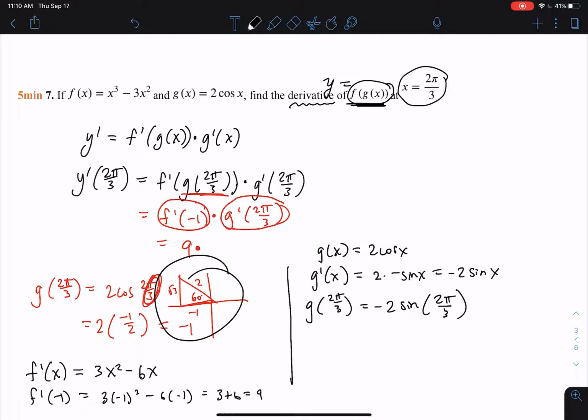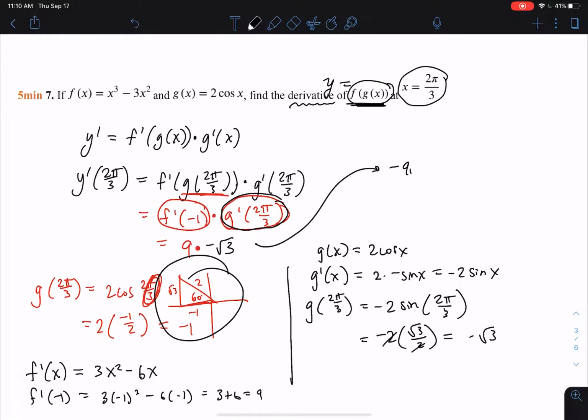So the sine formula is y over r. So our final answer, negative radical 3. So I know g prime of 2 pi over 3 is negative radical 3. So our final answer is -9 radical 3. That is the derivative of f of g of x at 2 pi over 3.